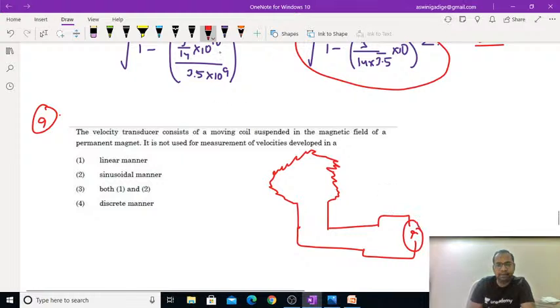Here one meter will be there, and one permanent magnet will be there.